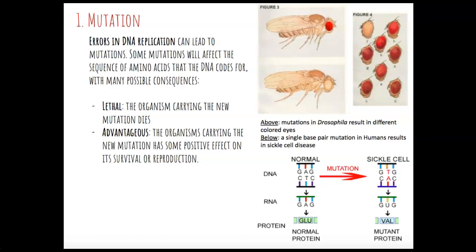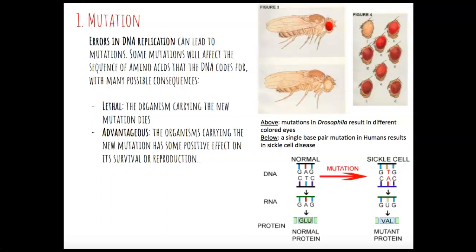Mutations are errors in DNA replication. Some mutations will affect the sequence of amino acids that the DNA codes for, with an array of different possible consequences for the individual. Some mutations can be lethal, so the organism carrying the new mutation will die.